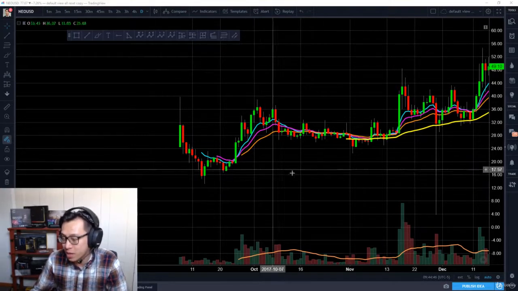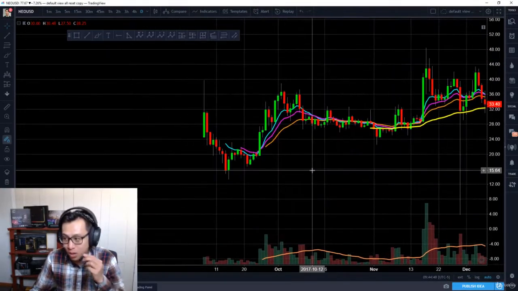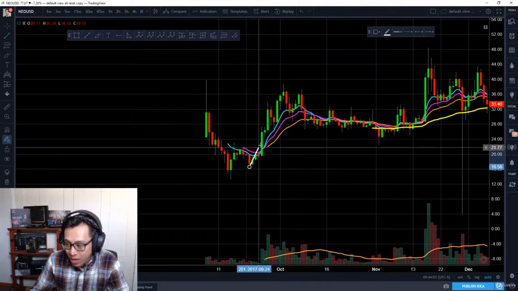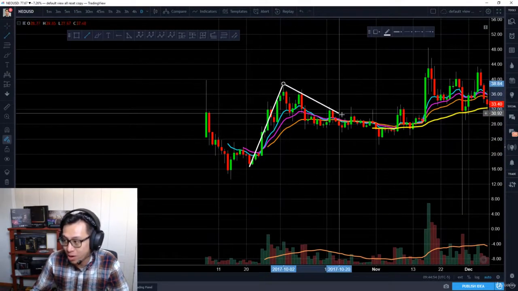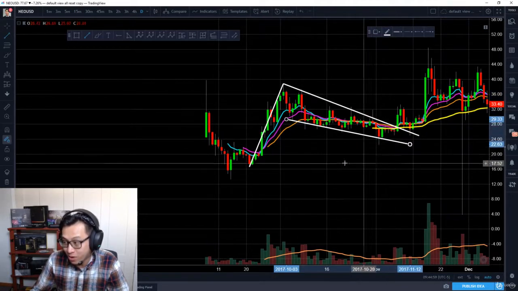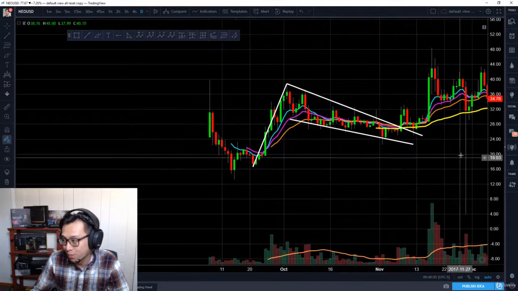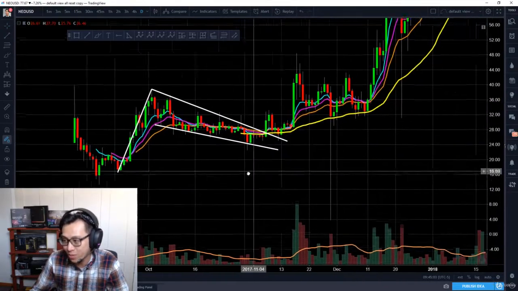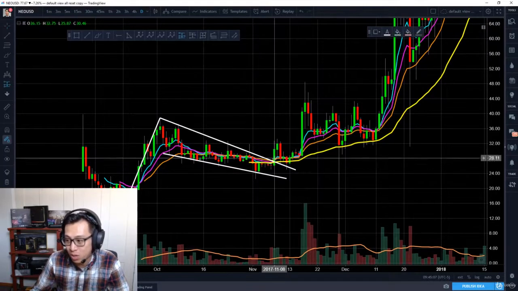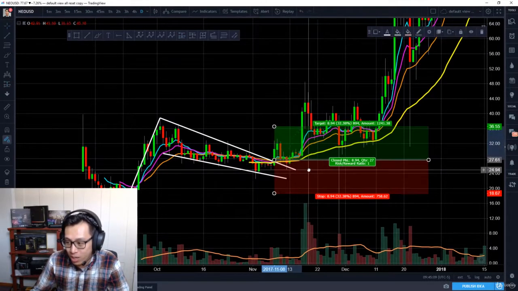Let me show you guys, just as an example as well, how accurate a flag can actually be, okay? So the flag here started right around there. I'm sure we can all agree on that. And here's kind of like the very long flag itself that extended pretty far, right? So what you guys want to do is when it breaks out, you want to buy on the breakout, right?